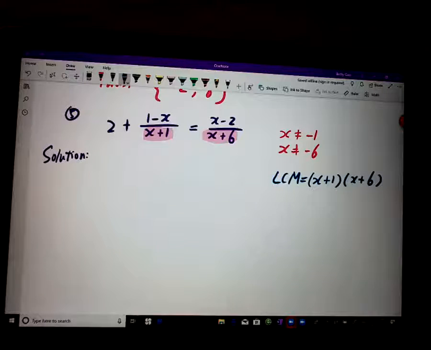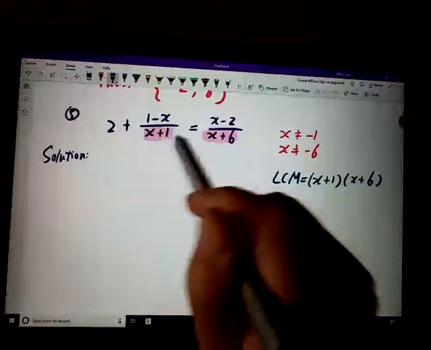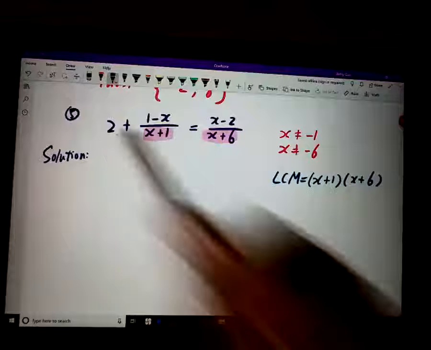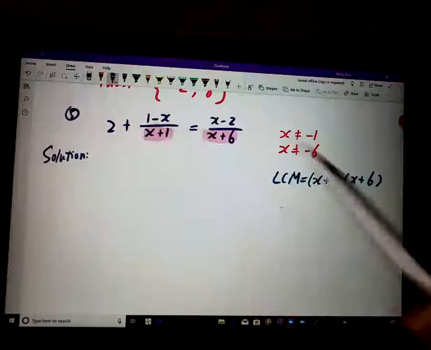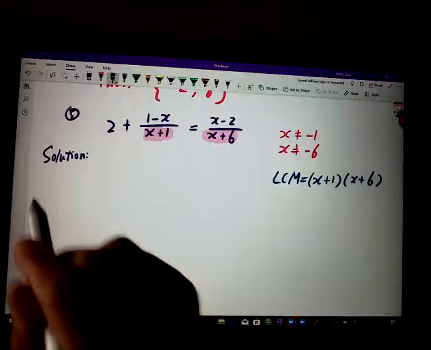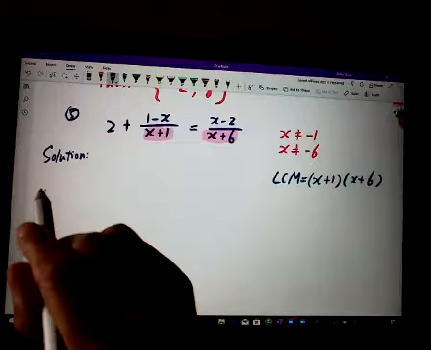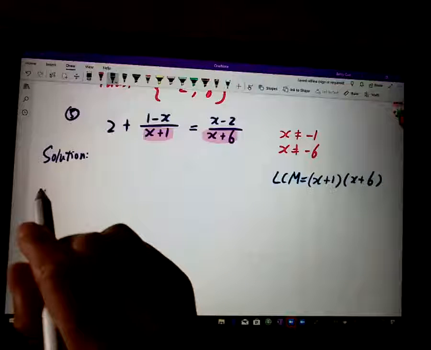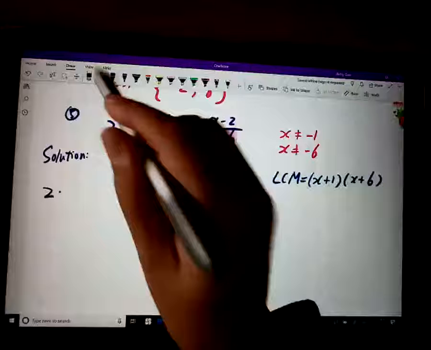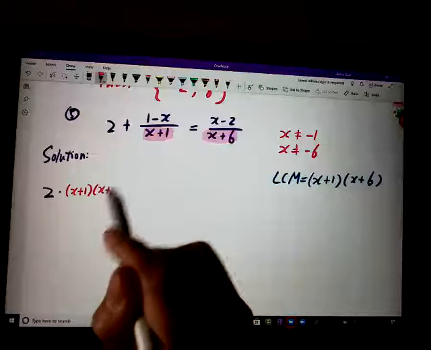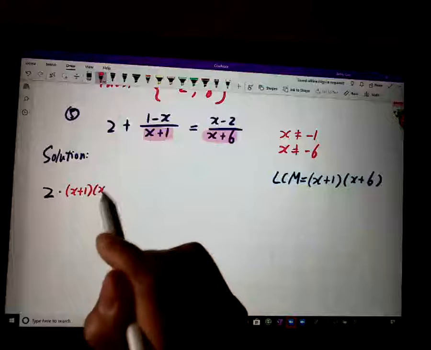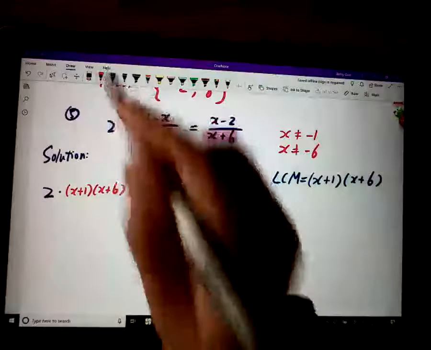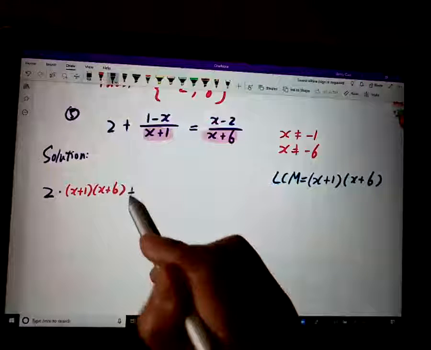Okay, what are the 1, 2, 3 parts in the equation? Each single part, we multiply by the least common multiple. So let me write it here. The first part multiplied by x plus 1 times x plus 6, times x plus 6, plus the second part, 1 minus x all over x plus 1.